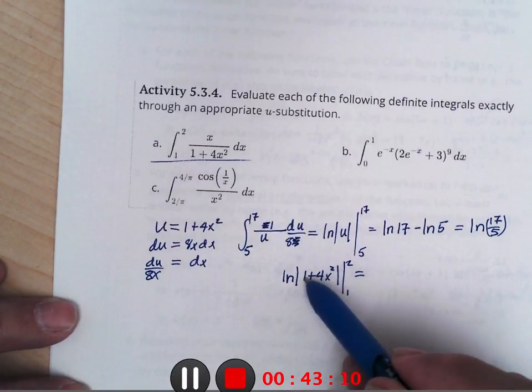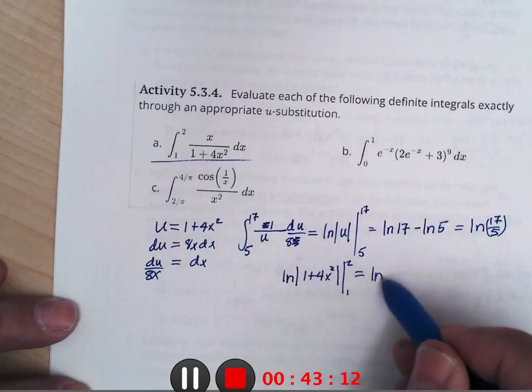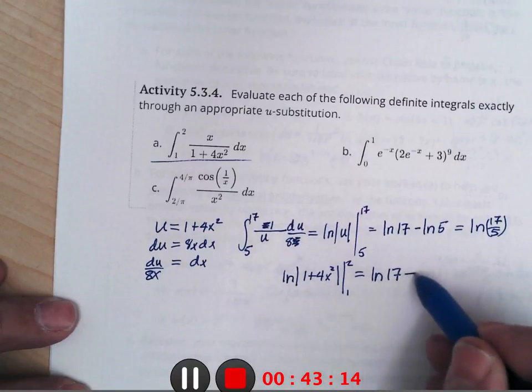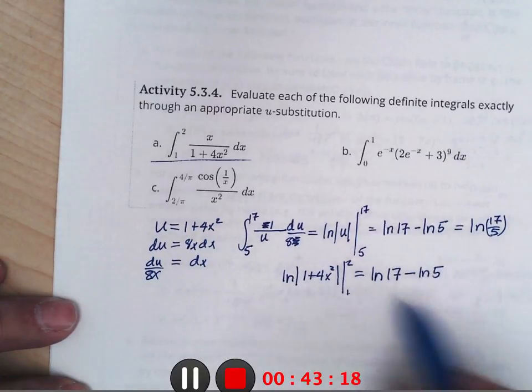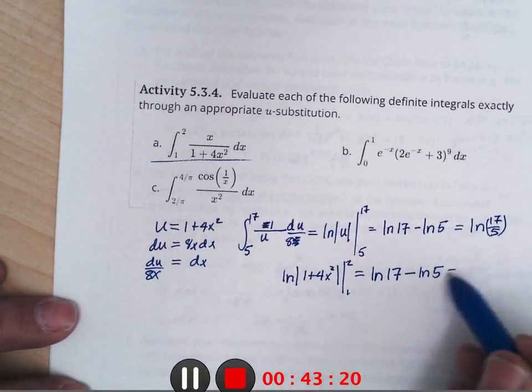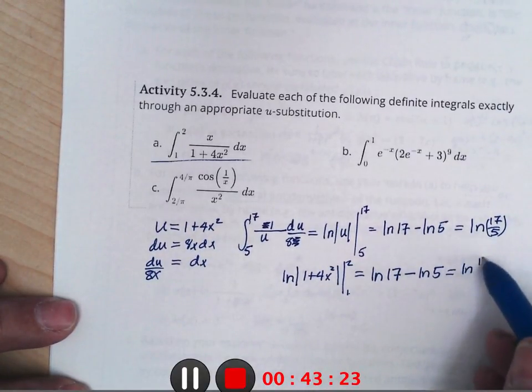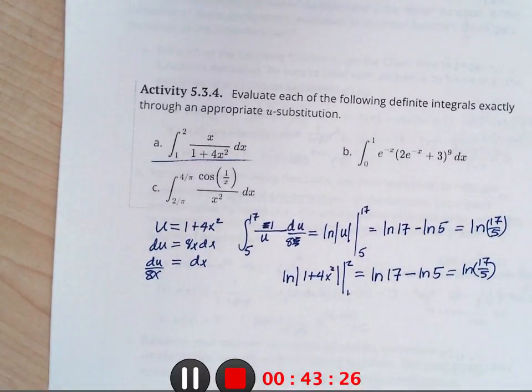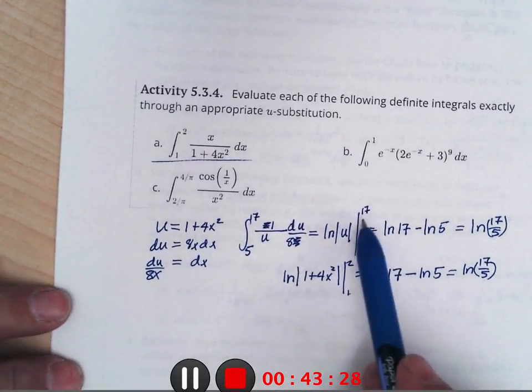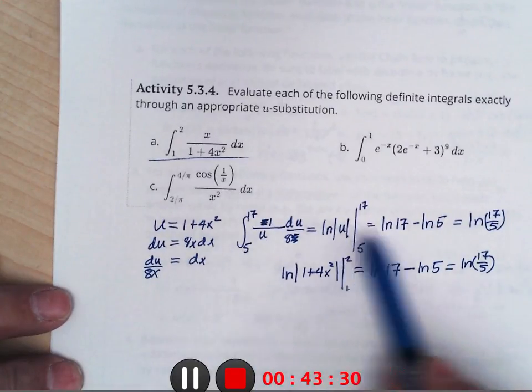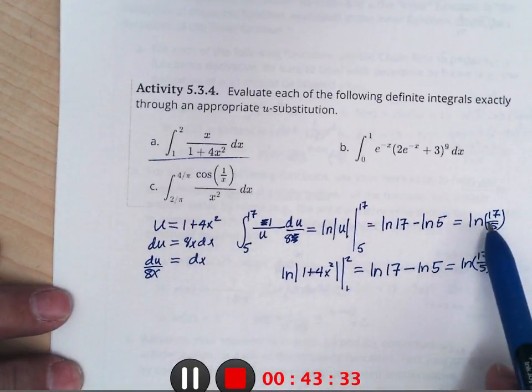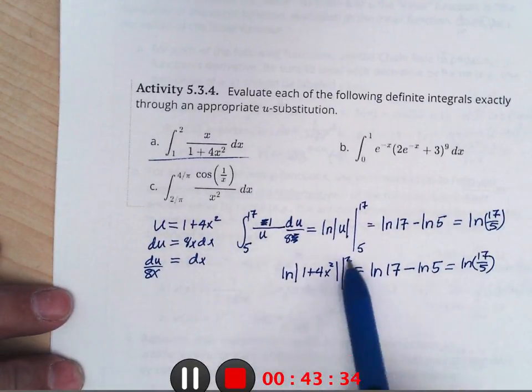I'm going to get ln 17, minus, and I put 1 in there, I get ln 5, and I'm back to the same answer. So you can change the limits and continue on and stay in u, or you can change back to x's and use the original limits.